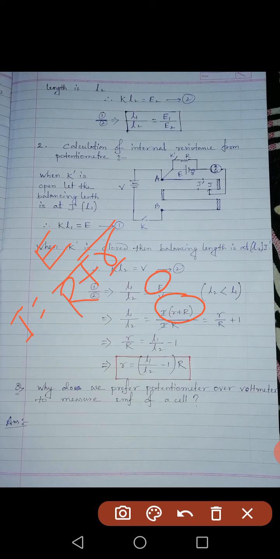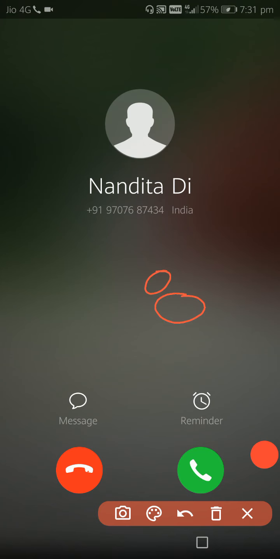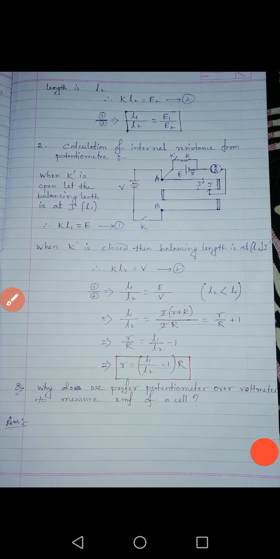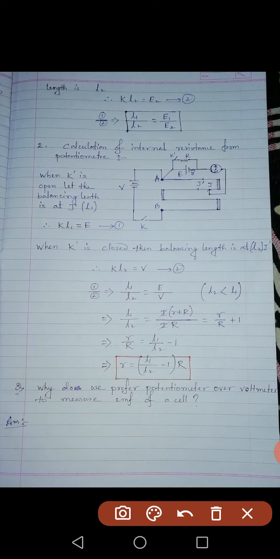So if you cross multiply, E will be equal to I into (R plus r). So that's what I have written here, in place of E I have written I into (R plus r).